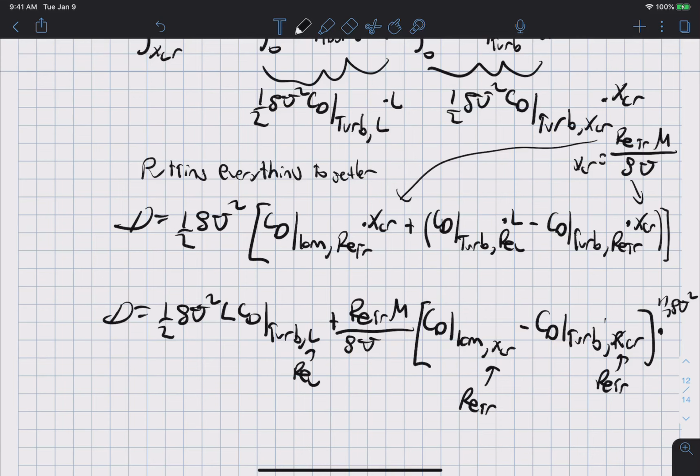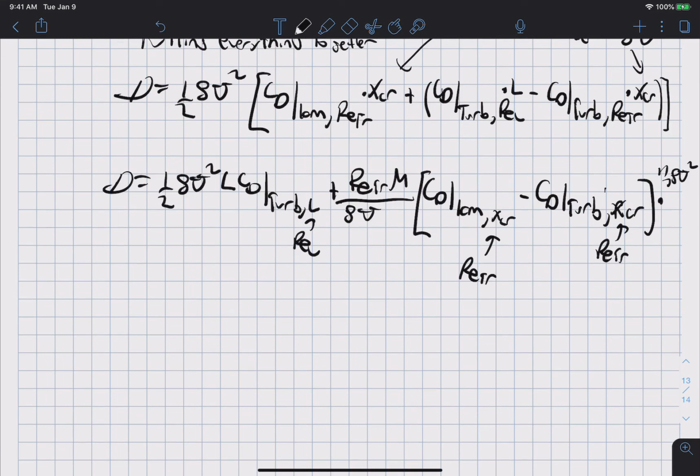Okay. Then simplifying, we have CD equals drag over 1/2 rho U squared times L. Again, we're assuming unit depth. Okay.